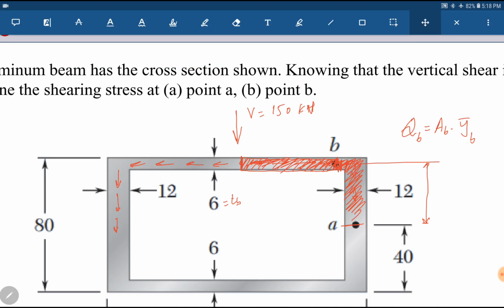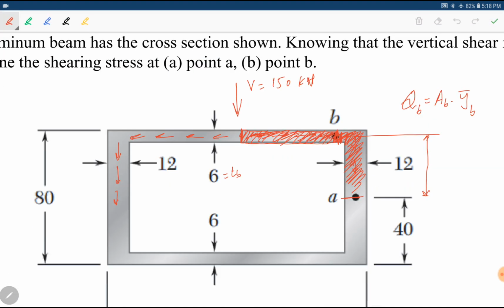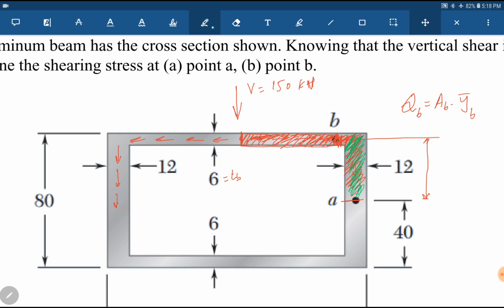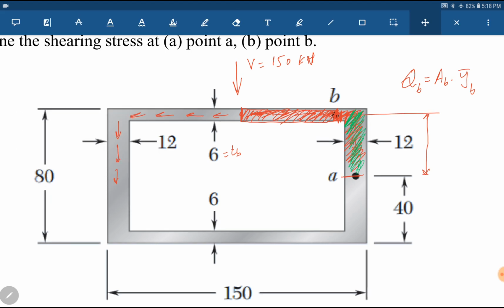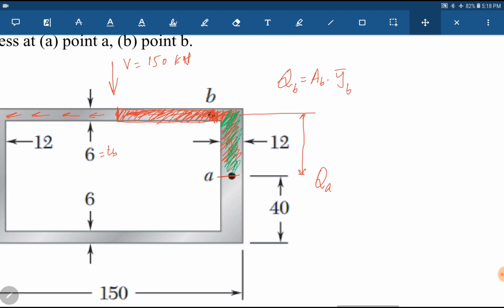I will divide it into two areas. This new area will be added. So Q_A is equal to A_B y_B plus A_A y_A.